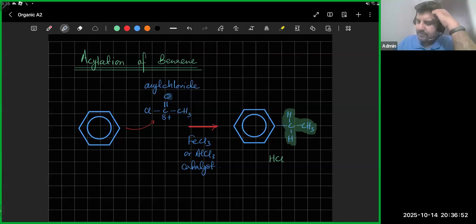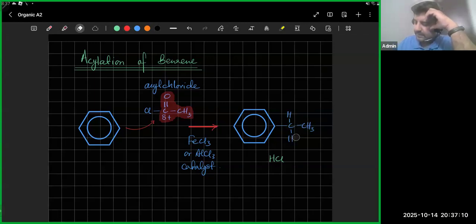And in a similar way, just like the previous case, this thing over here is going to get attached. The C double bond O is going to go and get attached to benzene.